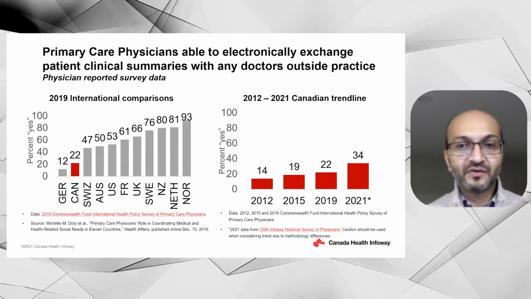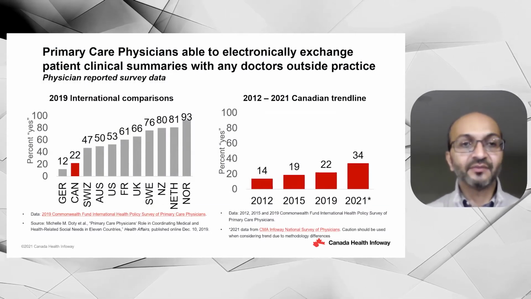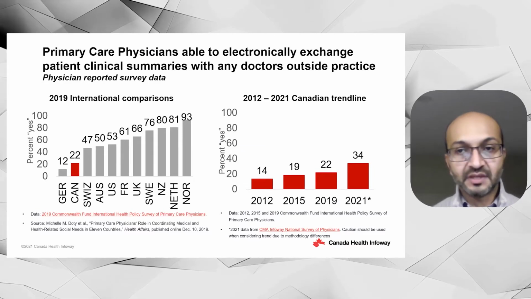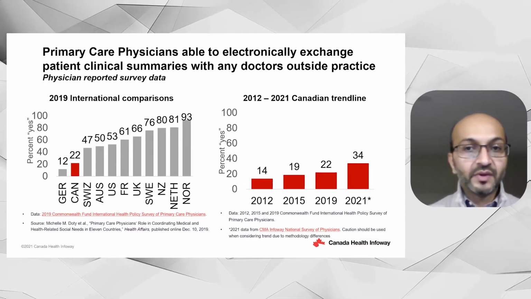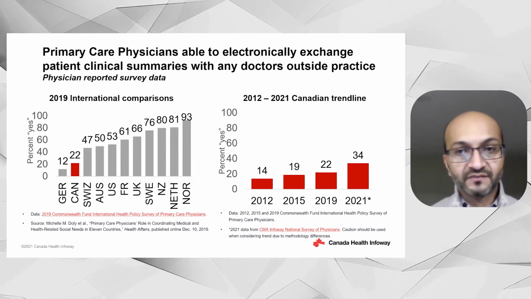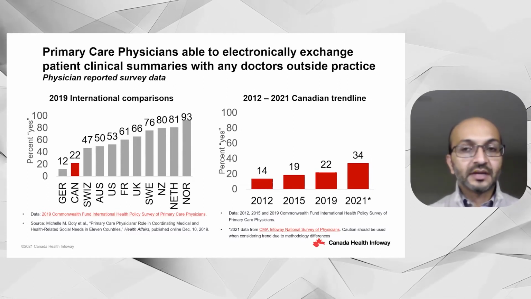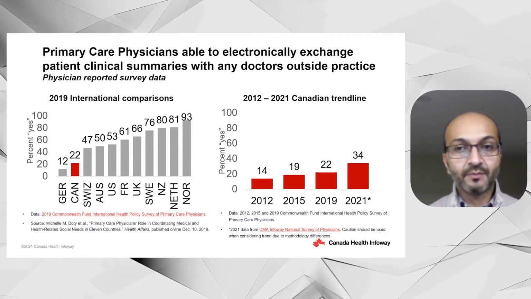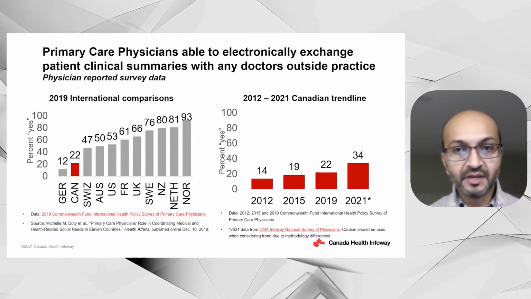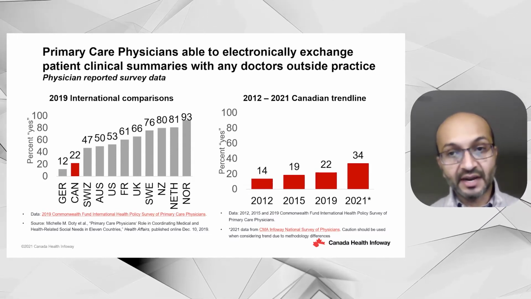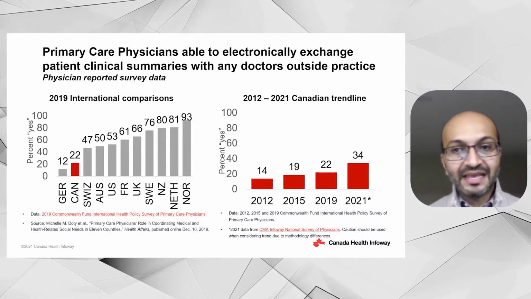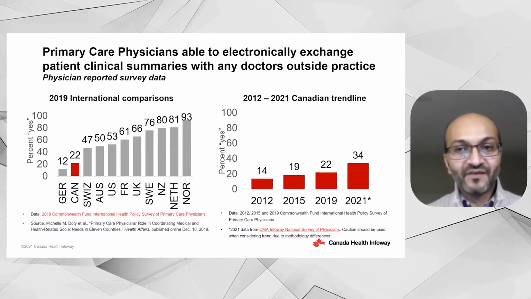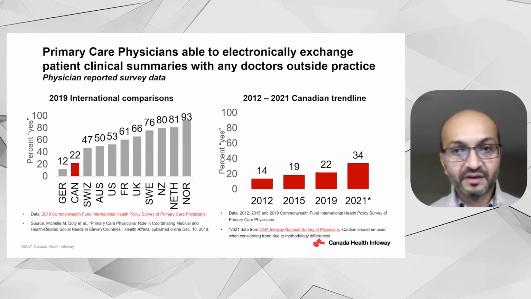I want to spend a few seconds on this slide to share some of the stats that we captured as part of the international comparison versus our Canadian trend line. We look at the percentage of primary care physicians who are able to electronically exchange a comprehensive patient clinical summary with physicians outside their practice, which I touched upon in the previous slide. It is very relevant from a transition of care perspective.